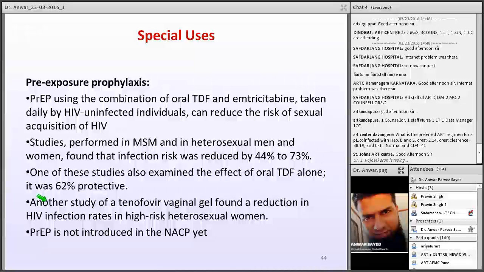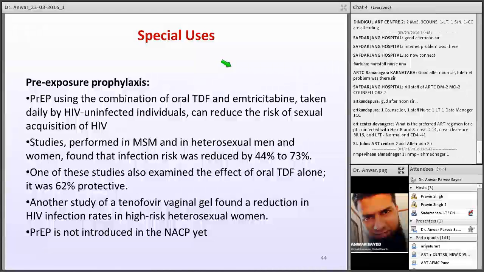However, there are other studies also of high-risk women where oral tenofovir and emtricitabine combination, oral tenofovir alone and vaginal tenofovir were used, and they have not shown protective effects. So both data are available.